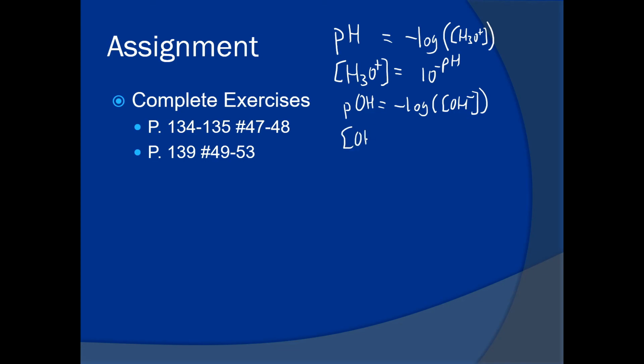And the concentration of hydroxide is the antilog of the negative pOH. And then the most important relationship from all of this is that if I take the pH and add that to the pOH, this will equal 14, or whatever the value happens to be if the temperature is different.